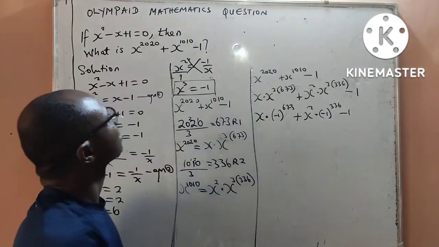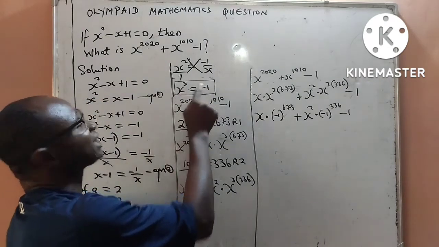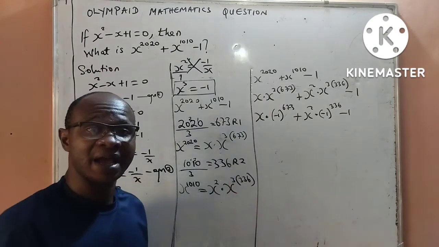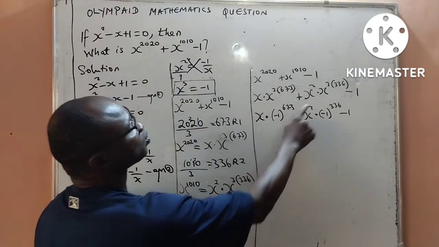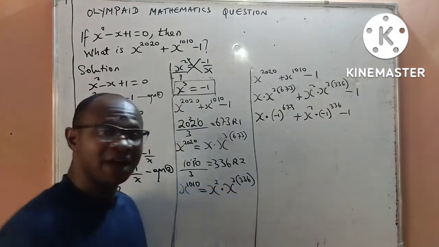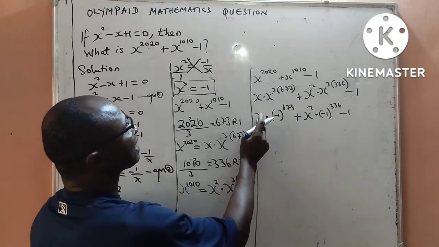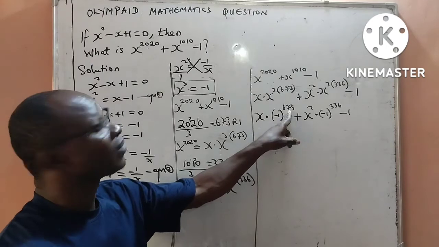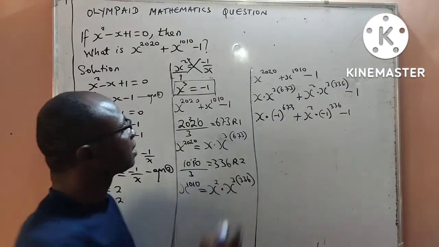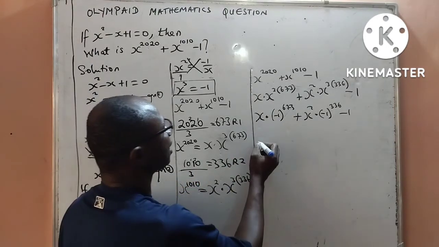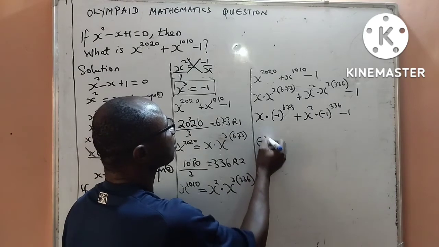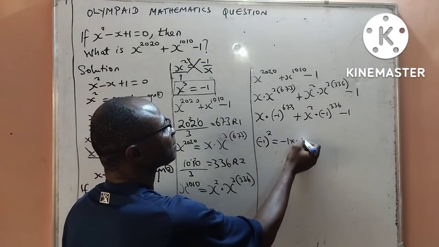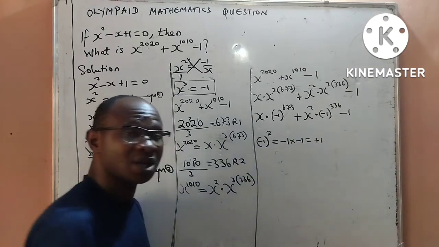What have I done? Since I got x raised to power 3 here equal to negative 1, anywhere I see x raised to power 3 here, I will replace it with minus 1, and that is what I have done. Therefore, it is very easy because minus 1 raised to power 2 means minus 1 times minus 1, which is plus 1.